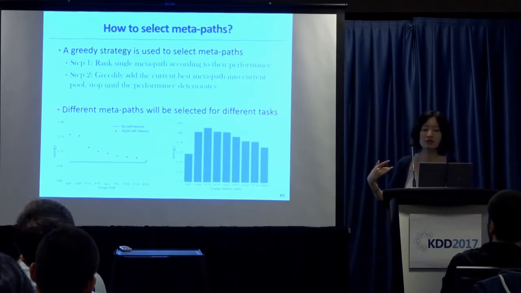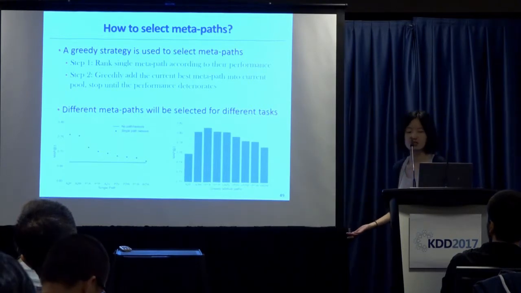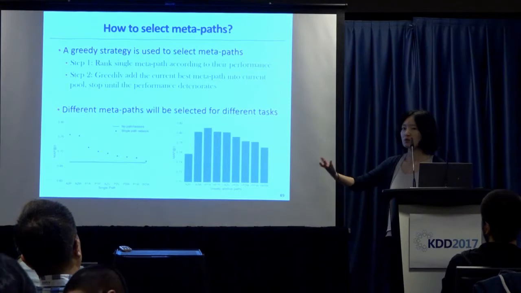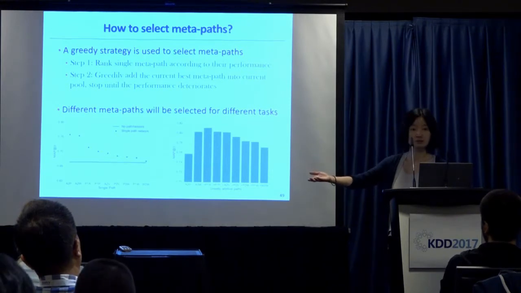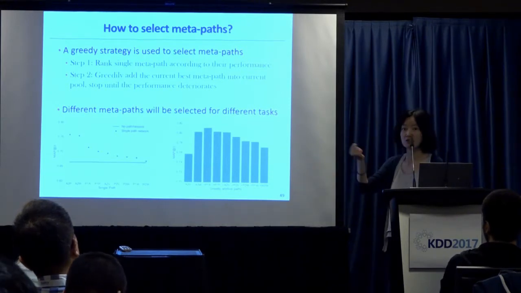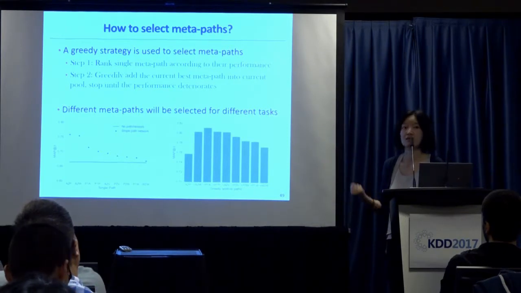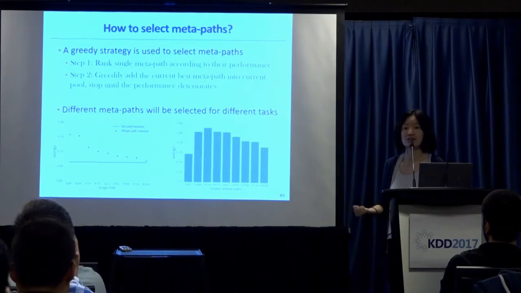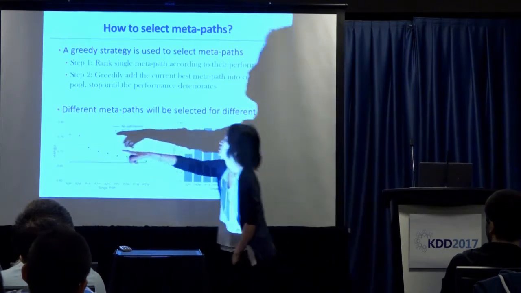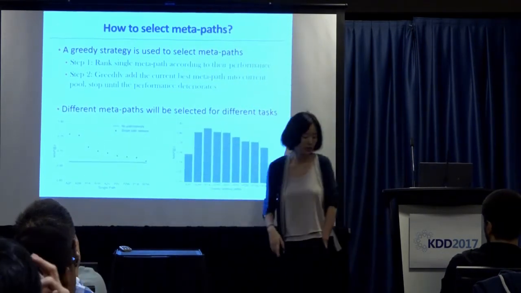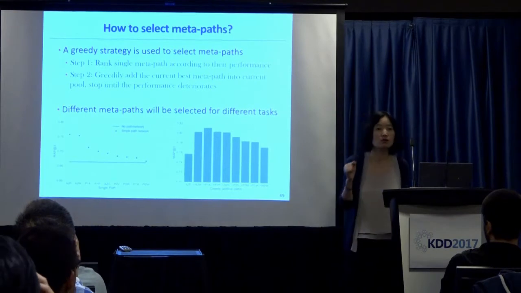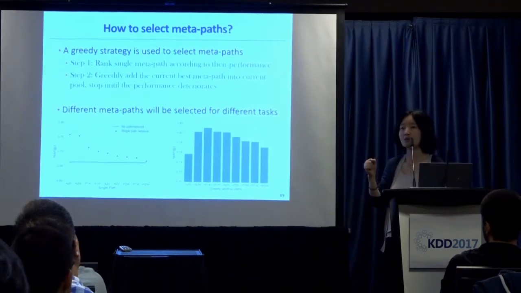So we propose a very greedy strategy. Suppose we have a candidate meta path pool. Every time we include one of them and see which meta path can best enhance the link prediction performance, so we can rank them. After ranking them according to the link prediction performance, we gradually add them one by one.